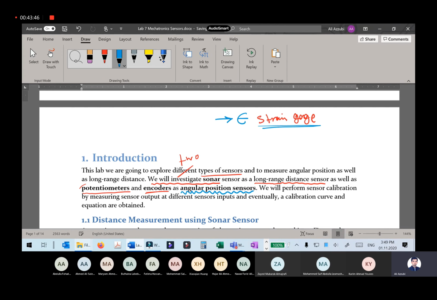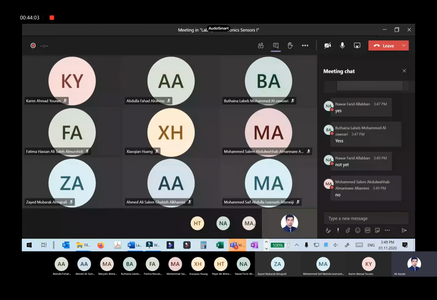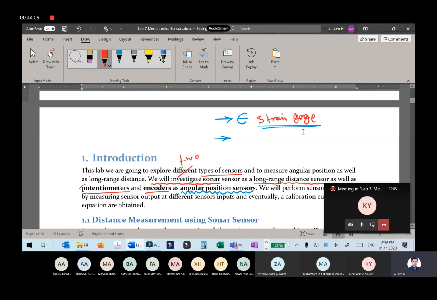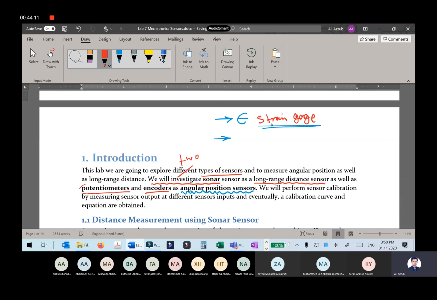Strain and strain gauges. I don't think we did, as far as I remember. Yeah, all right. It's good to know your feedback, so we know. So you did not yet. I don't know if you will address this or not, but it's good to know there is something called a strain gauge. It's very simple.